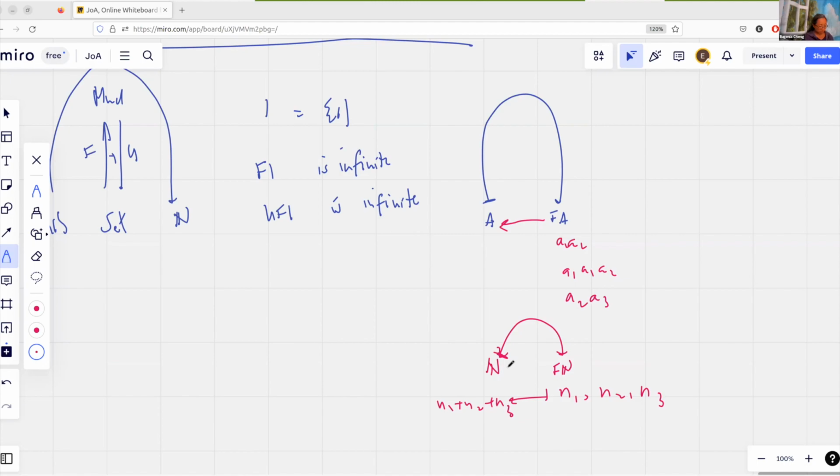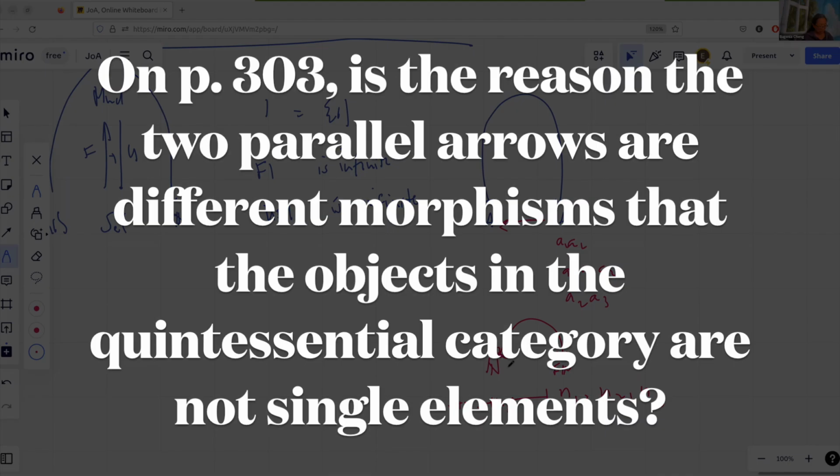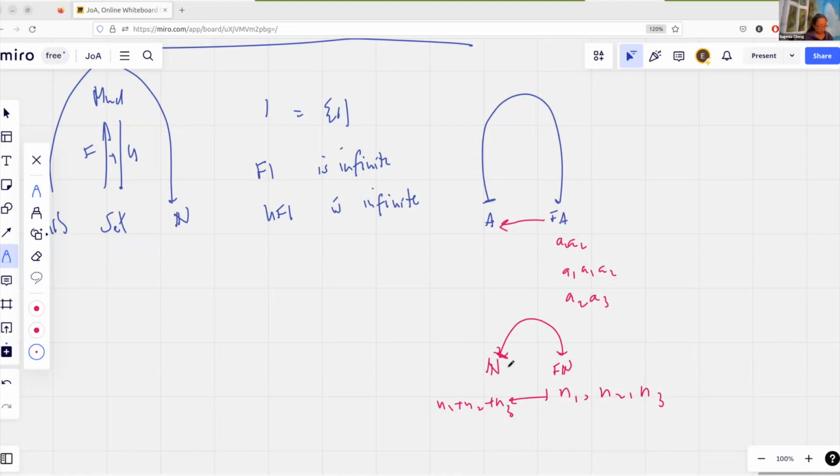Page 303, is the reason the two parallel arrows are different morphisms, is it that the objects in the quintessential category are not single elements, but sets of elements? No. The reason the two parallel arrows are different morphisms is because I said they were. You can define morphisms to be anything in a category, right?